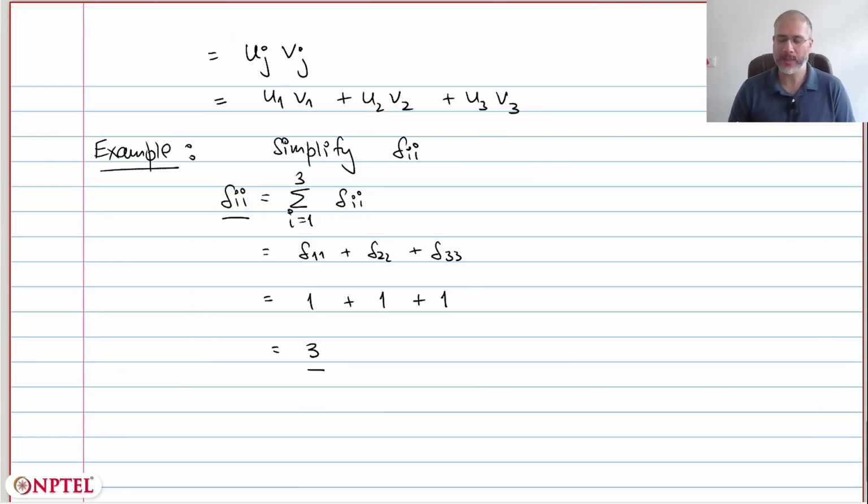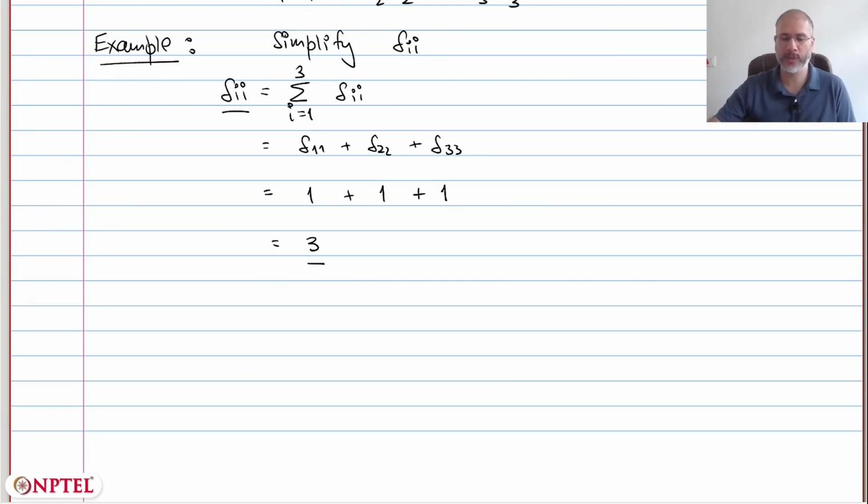So the mistake here is that first you have to apply the summation convention and expand it, only then you apply the definition. So we will write this rule because this will confuse us at many stages. It may be clear at this stage, but when you have a complicated expression, we sometimes end up making this mistake.